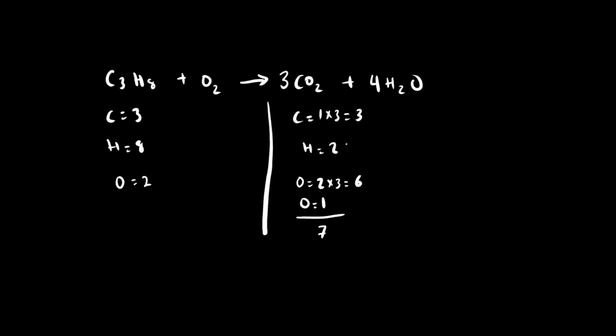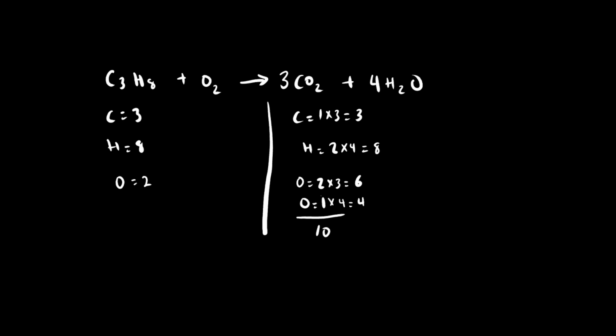So now we have 8 hydrogen on the right and, instead of 1 oxygen, we have 4 oxygen as part of water, so a total of 10 oxygen on the right. So the only thing left now to balance is the oxygen.